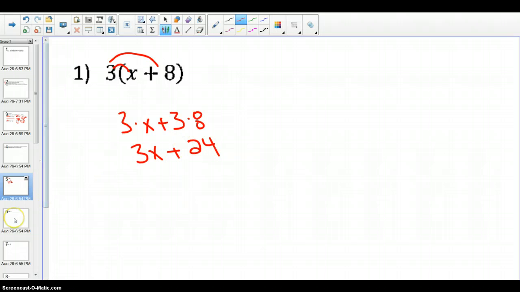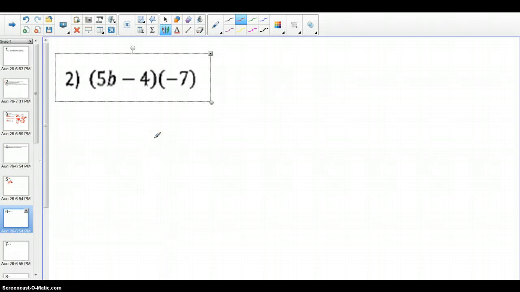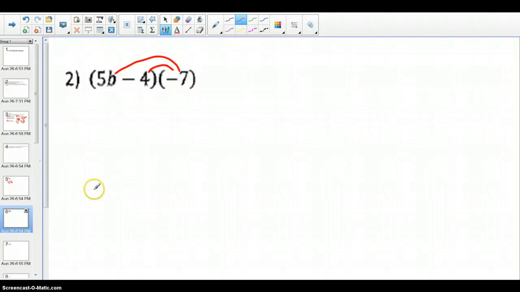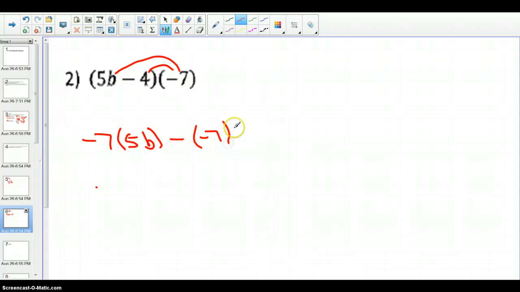Now, it does not matter where the constant is when I'm multiplying times the quantity. It could be on the right side of the quantity as well, and the same thing works. So I'm taking the negative 7 to the 4 and the negative 7 to the 5b. So I'm taking negative 7 times 5b minus negative 7 times 4.